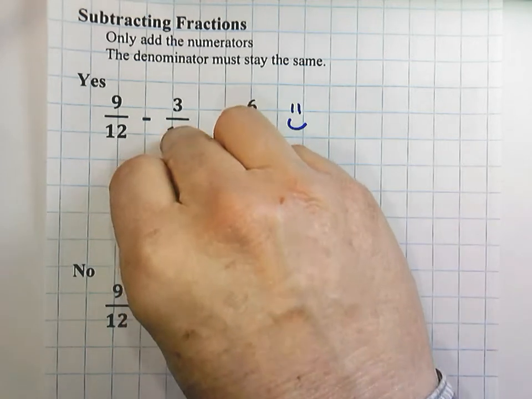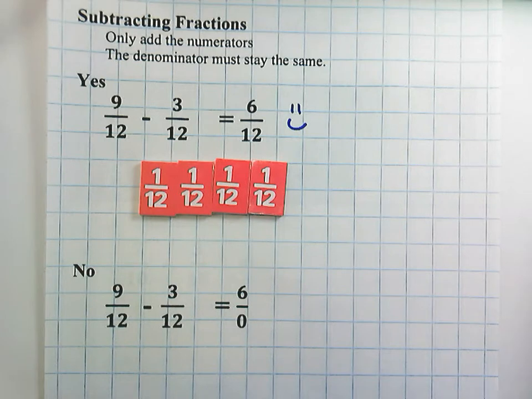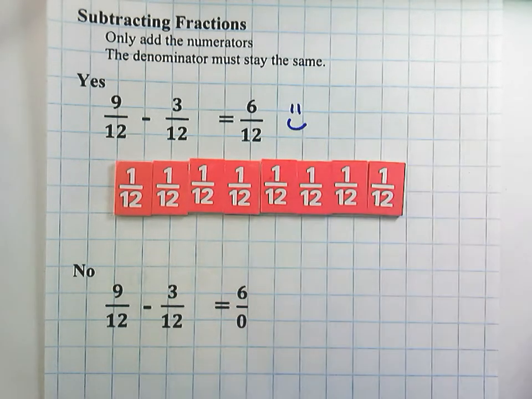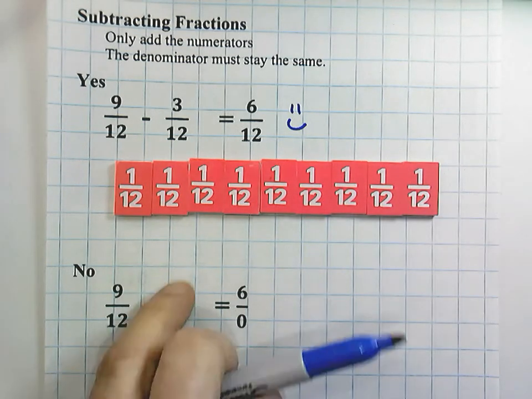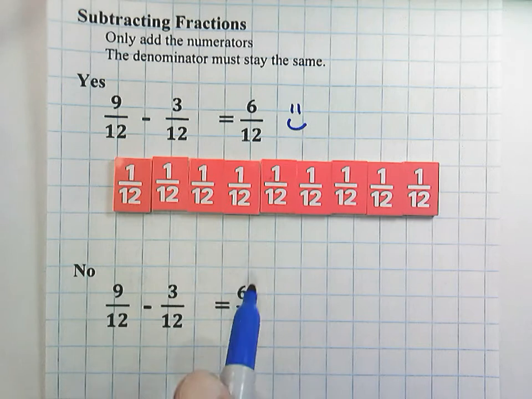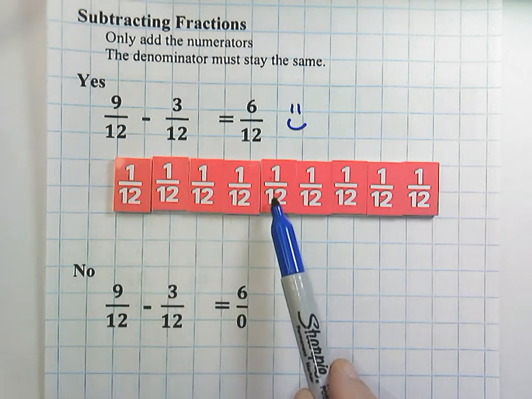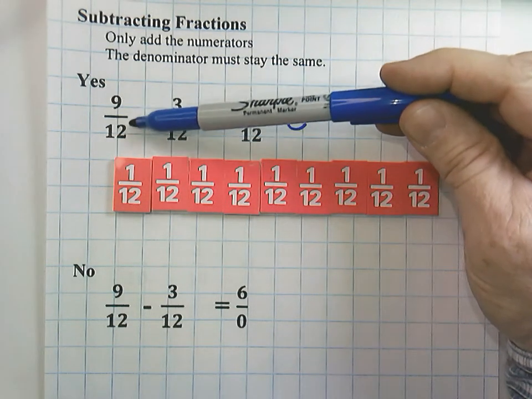These are 12ths, so let's get some 12ths in here. I think we have 9 of them. I will double check in a second. Scooch that up a little bit. So we have all 12ths. 1, 2, 3, 4, 5, 6, 7, 8, 9, which is our 9/12.